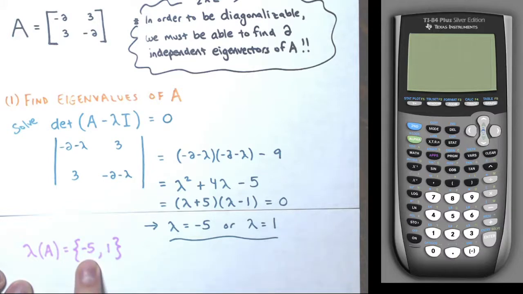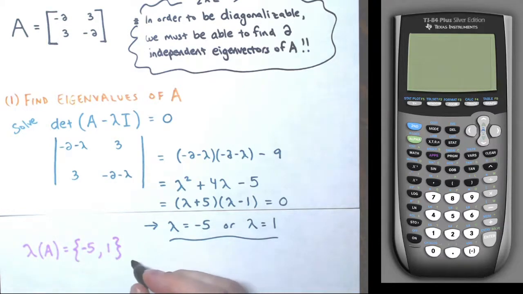So we're getting one eigenvector from this, one eigenvector from that, and another result that came up a while back was that if you take the union of the eigenbases of distinct eigenvalues, that union will be made up of independent vectors. So I know I'll get two independent vectors if I go and find eigenvectors corresponding to -5 and 1.